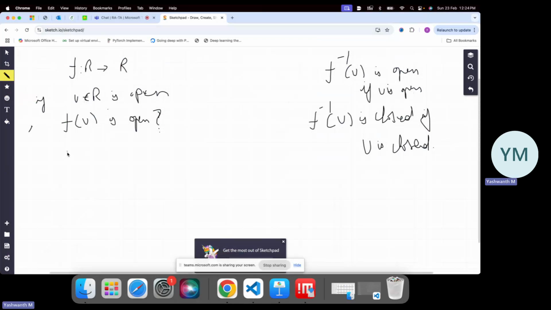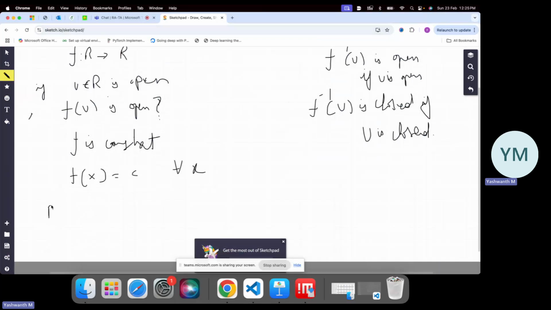So we can consider an example of a constant function. f is constant. We can take f(x) equal to c for all x.